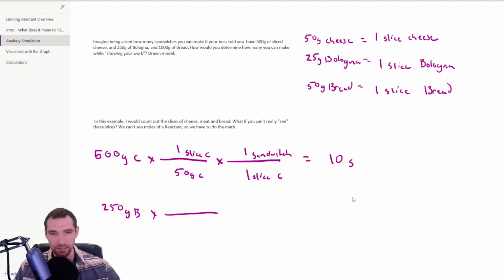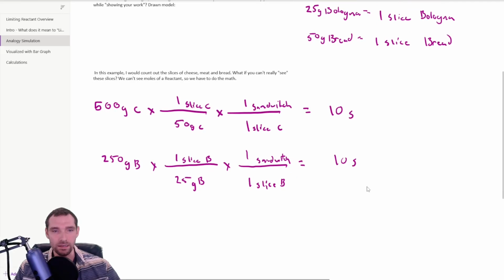We can say that one slice of bologna is equal to 25 grams, and we only need one slice of bologna for one sandwich. You can probably see where this is going. This is also going to be 10 sandwiches.